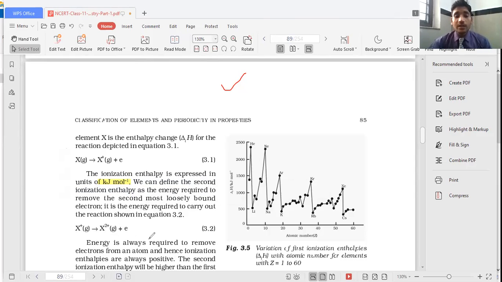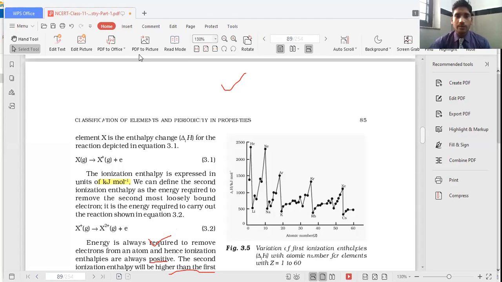Energy is always required to remove an electron from an atom, and hence ionization enthalpies are always positive. Any atom will not lose an electron by itself. Clear? Even if it has a tendency to lose an electron, it will not have a negative value. So although the ionization enthalpies always have a positive value, the second ionization enthalpy will be higher than the first.